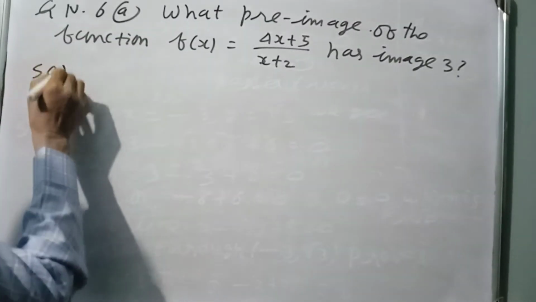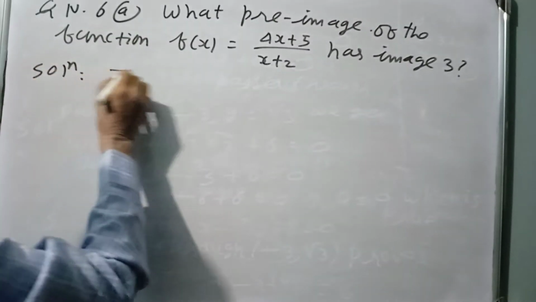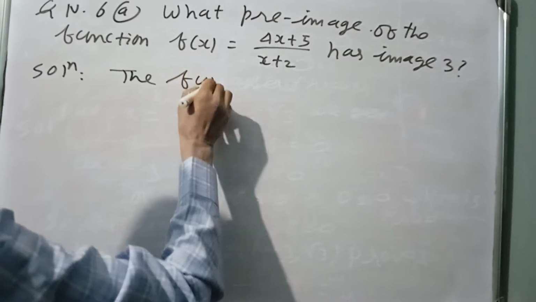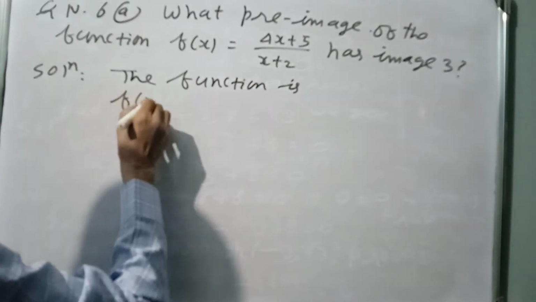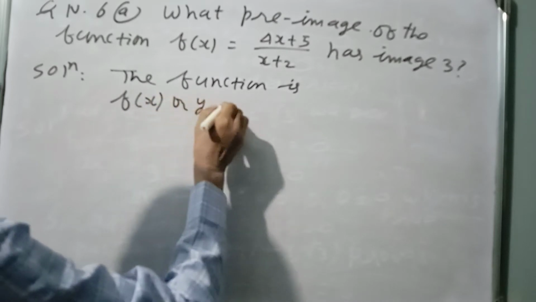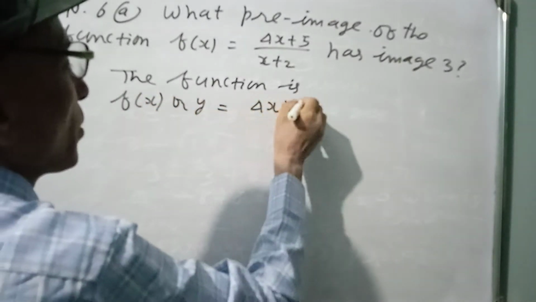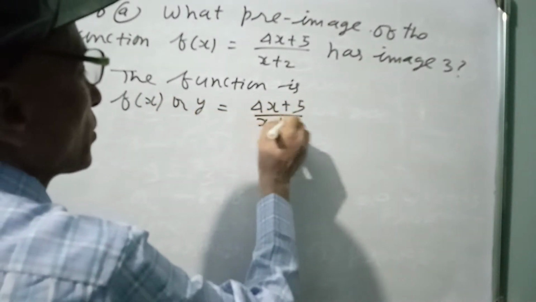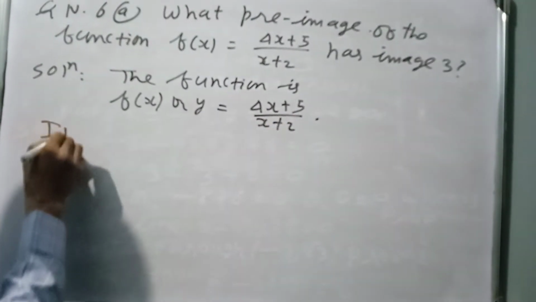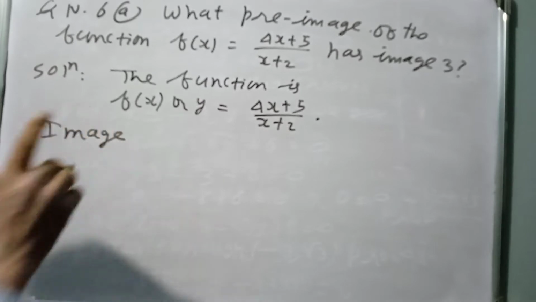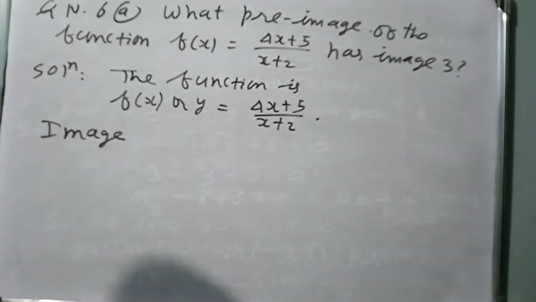Solution. The function is f(x) or y equal 4x plus 5 by x plus 2. What is given? Image is given. Image, range, codomain.